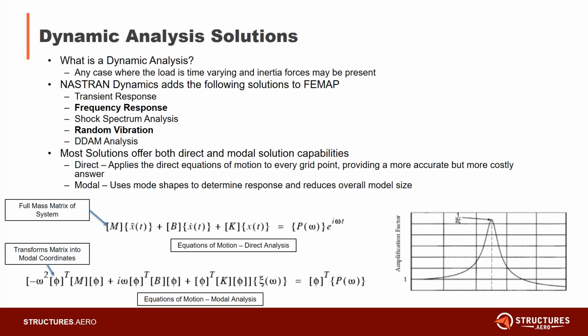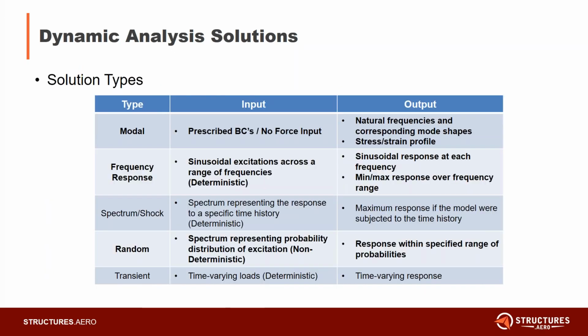So you're going to typically use the modal solution, which reduces the matrix, as in the equation down here from an n by n matrix. Let's say you have 6,000 degrees of freedom. So instead of a 6,000 by 6,000 degree of freedom matrix, you're only having to solve with a 6,000 by the number of modes matrix. So these are the typical analysis solutions.